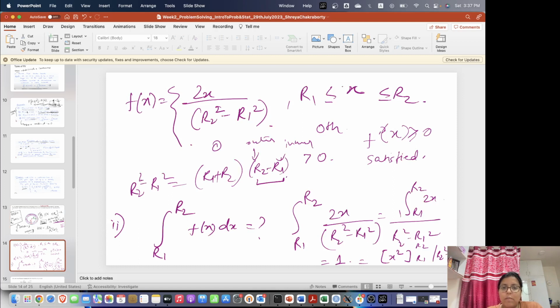If I put 2x over here, then only I'm going to get pi of R2 square minus R1 square, and then that will become 1.